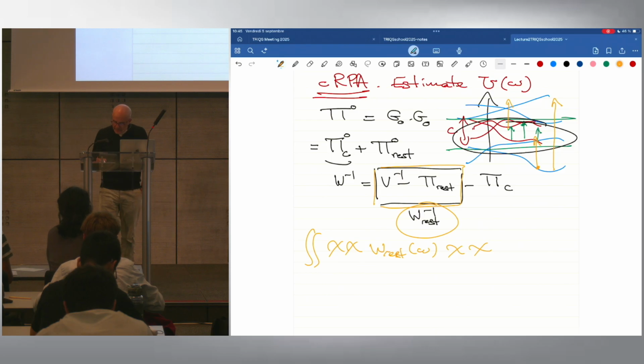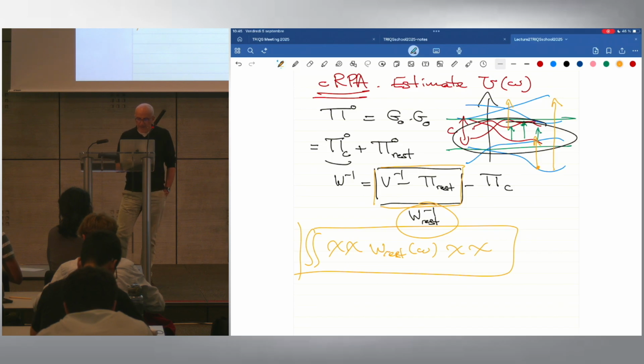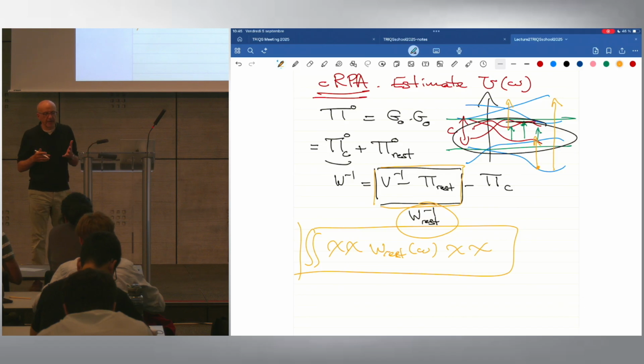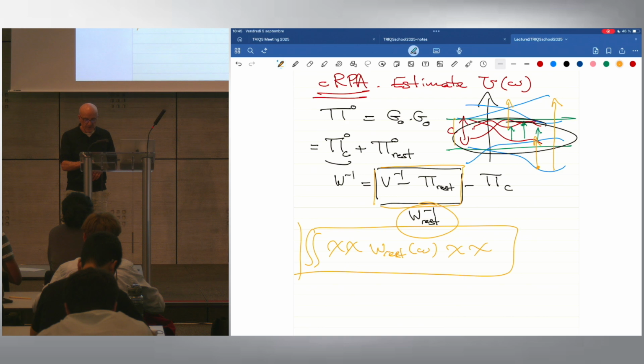So I view CRPA as a sort of first guiding principle. The nice thing about CRPA is that it allows you to discuss, for example, how screening depends on the choice of your correlated orbital, so of the width of this window. And I will just show you a plot and then I'll stop.